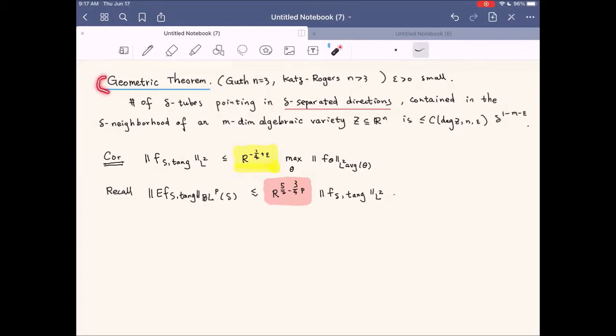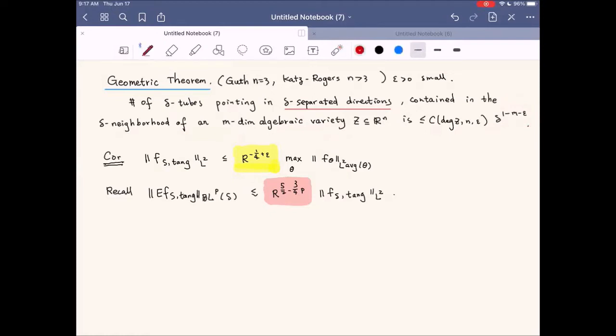So this is the geometric theorem saying that there won't be too many tangential tubes. The theorem says that the number of tubes pointing in separated directions contained in the neighborhood of an m-dimensional algebraic variety Z is less than some power.